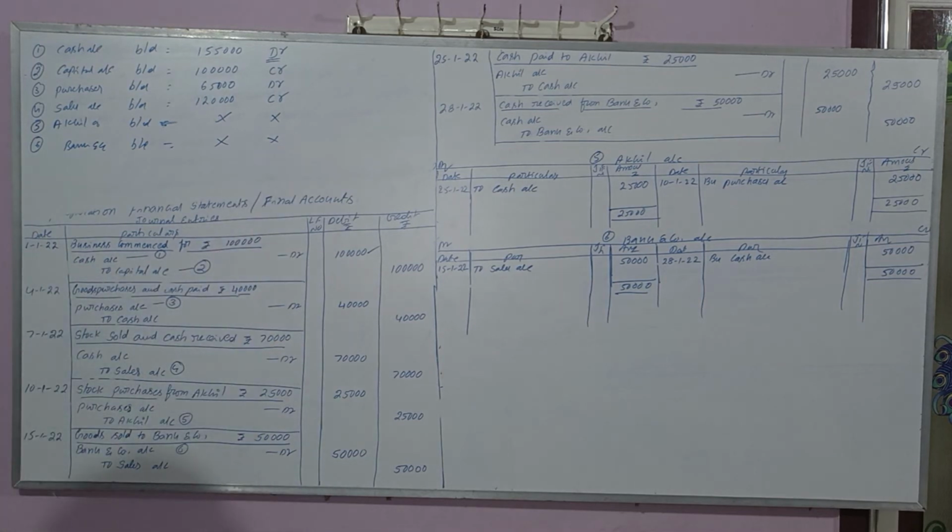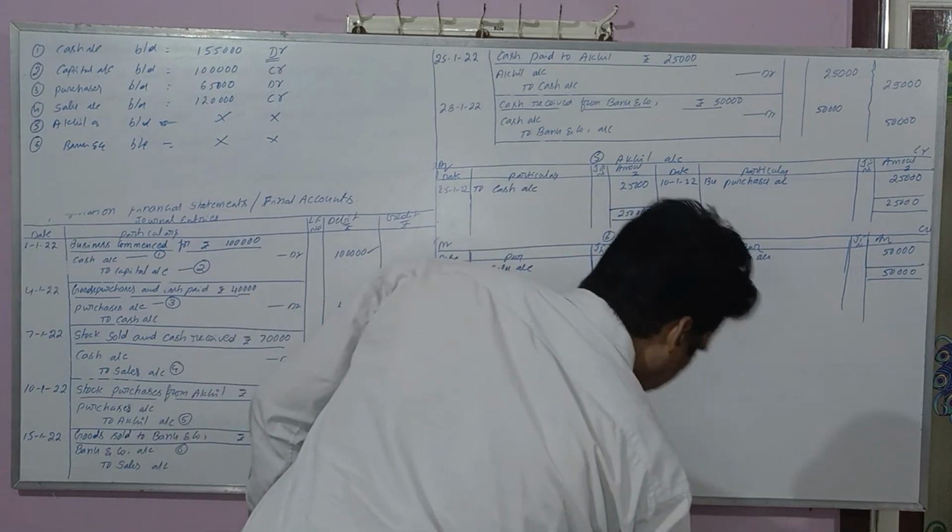So after that, we should prepare the trial balance on the basis of these ledger balances. On the basis of these ledger balances, we prepare the trial balance. How do we prepare a trial balance?